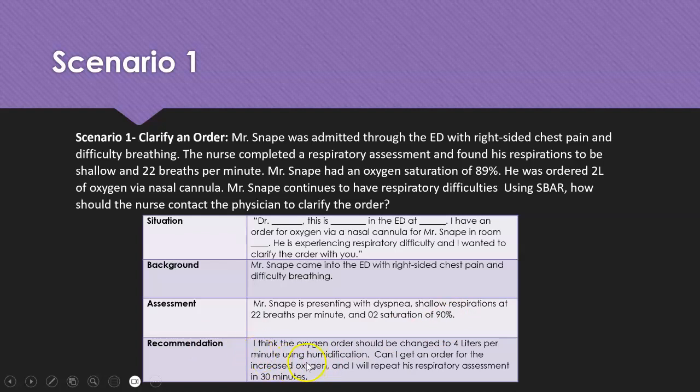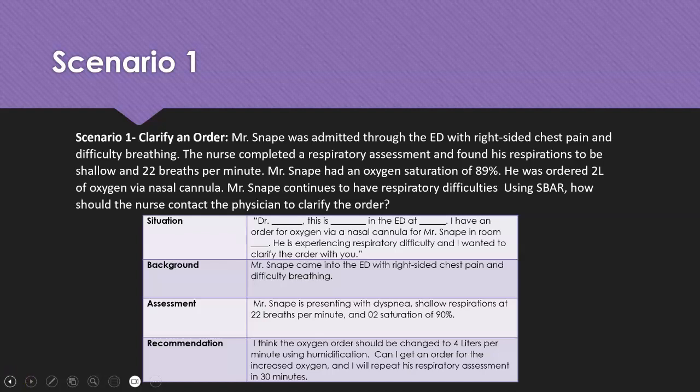I think the order should be changed to 4 liters per minute using humidification. Can I get an order for the increased oxygen? And I will repeat his respiratory assessment in 30 minutes. So you're asking the doctor what you think may help.